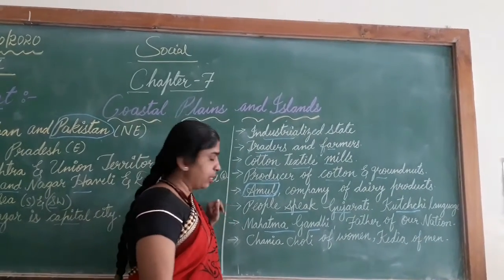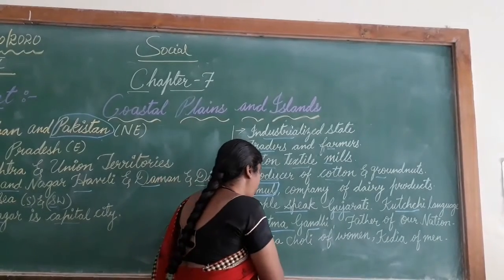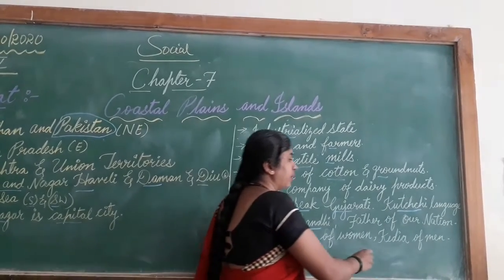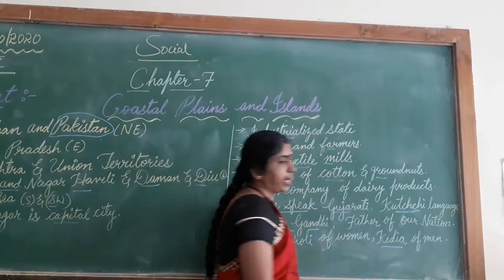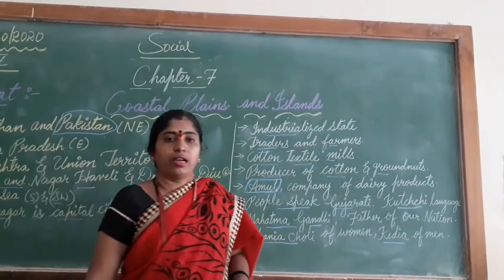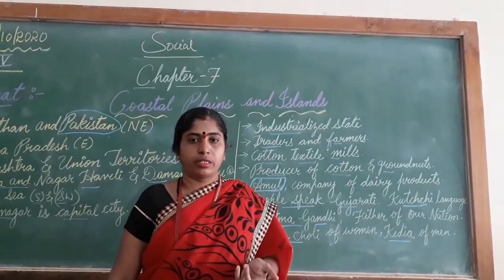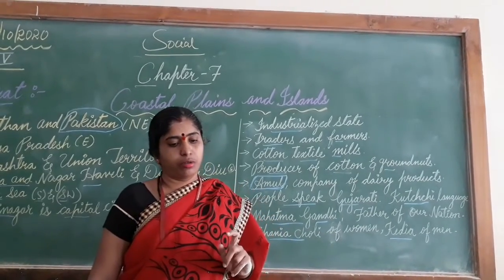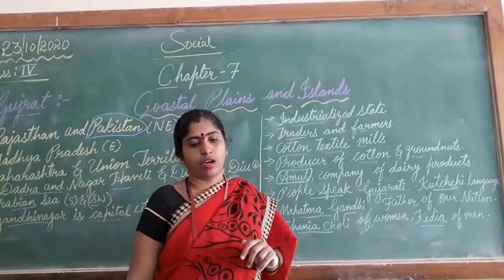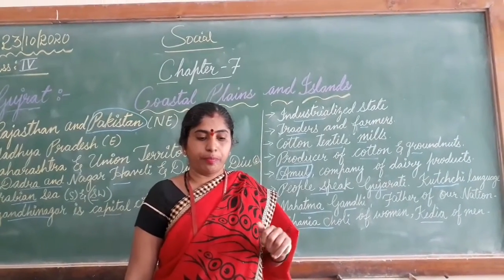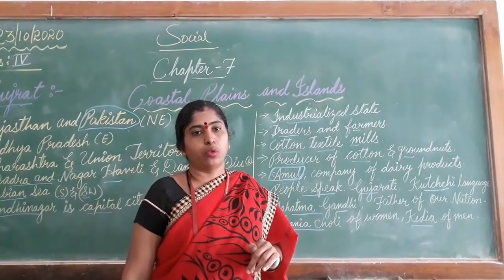The traditional dress of women is chaniya choli, and of men is kediyu. Along with this, the youth wear western outfits, and women also wear saris or shalwar kameez, and men wear dhotis and kurtas.